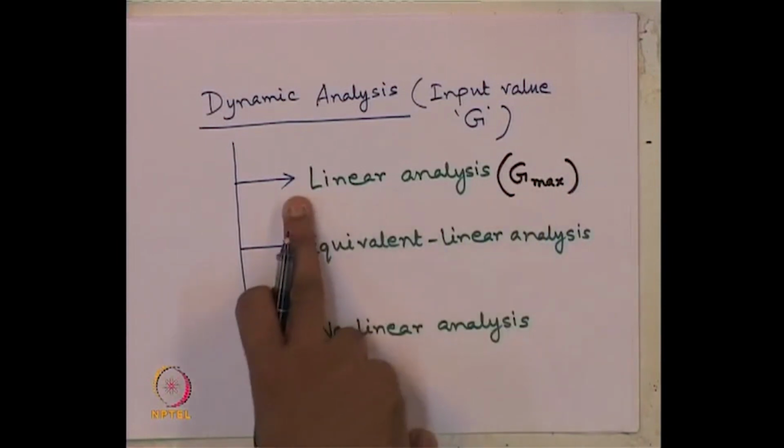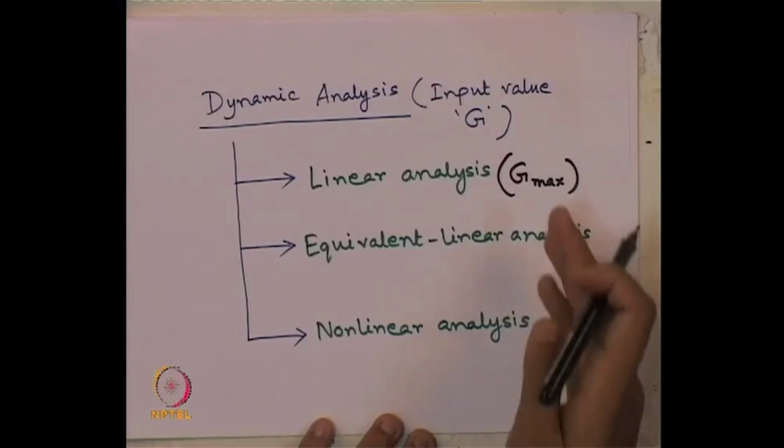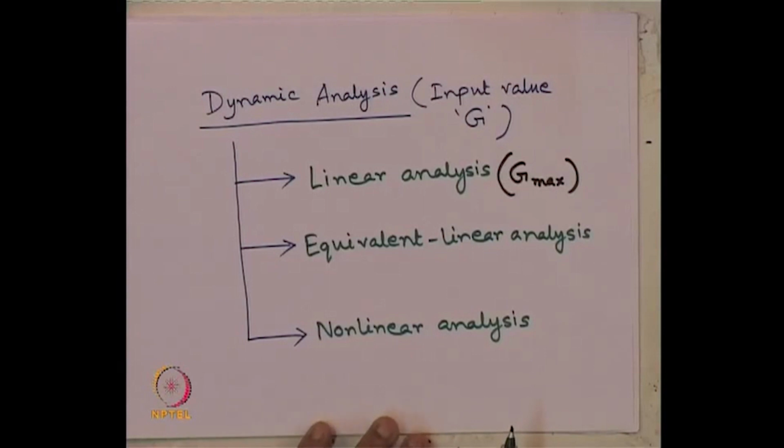That is the reason we call this linear analysis. That is, linear behavior of the soil material is considered for the dynamic analysis. It is obviously the simplest type of dynamic analysis, because your G value remains constant, and the G max value we can get from several tests, as we have seen, SASW and several field tests. By measuring the shear wave velocity, you can get the G max value of any soil.